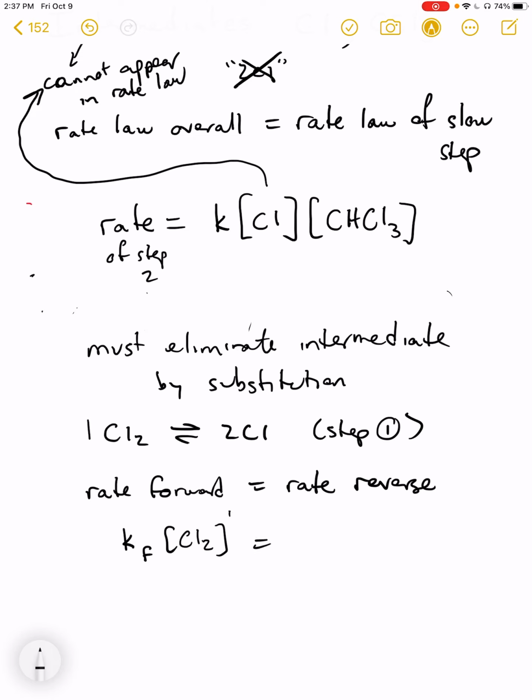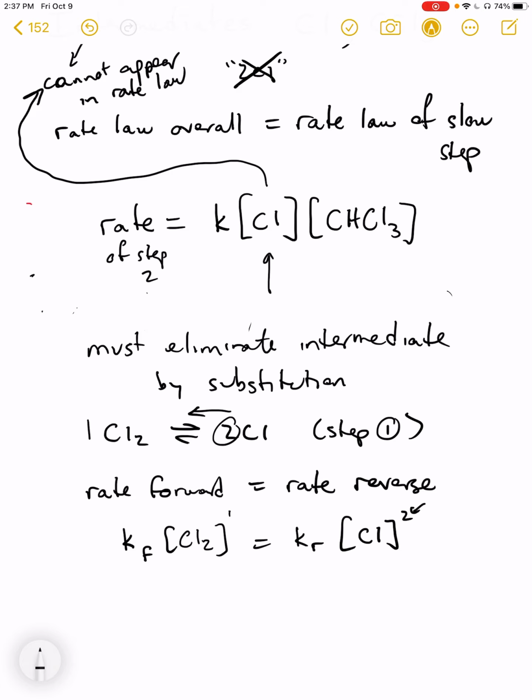The reverse rate would be going in this direction, so that's going to be KR. I'll call it KR for K reverse, and that's going to be Cl squared. Coefficient of 2 gives me a second power. Now, I want to eliminate this Cl. So what I'm going to do is I'm going to solve this equation for Cl.